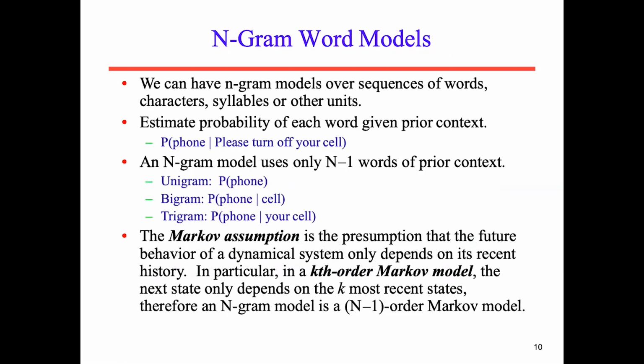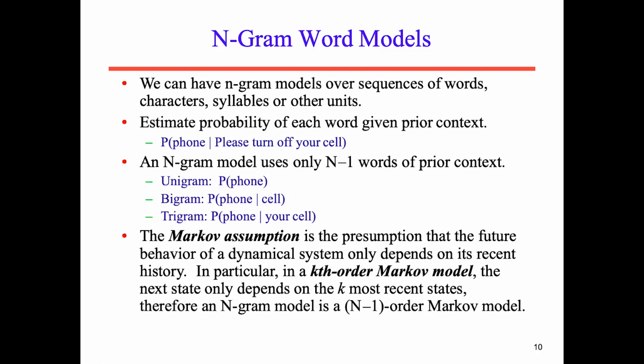And what they're trying to do is estimate the probability of each word given the prior context. In this case, this is a Bayesian equation that says what is the probability of the word being phone based on the past 5 words being please turn off your cell. This is in fact an extremely high-order model, a 6-gram model, because it's using 6 words.